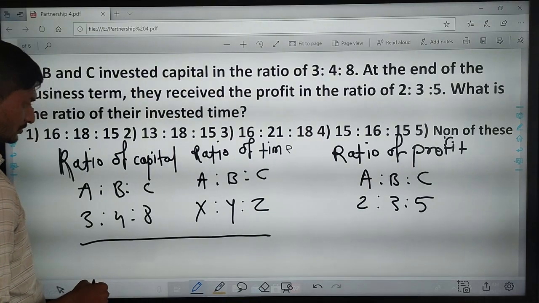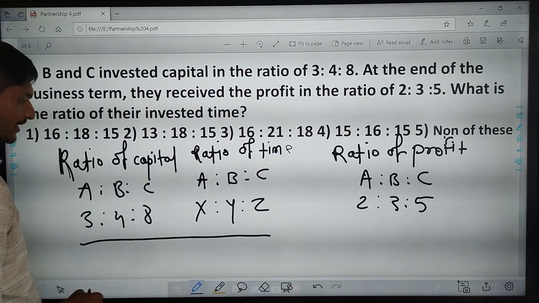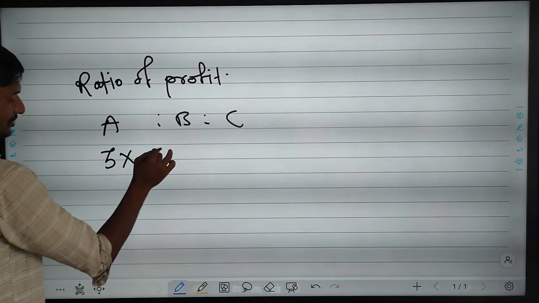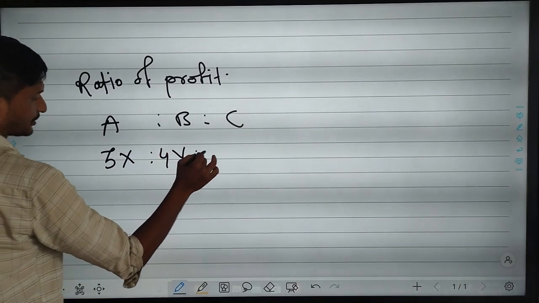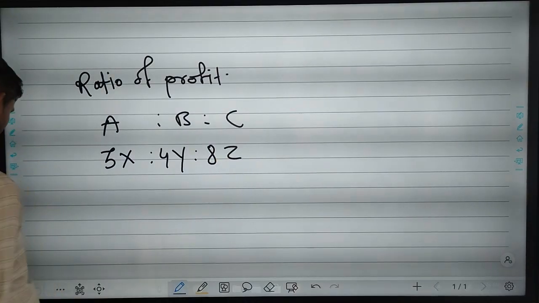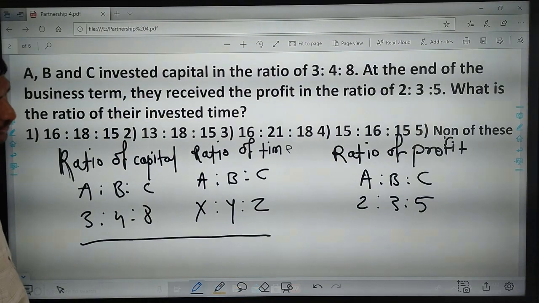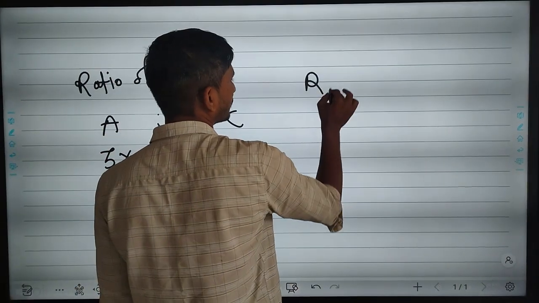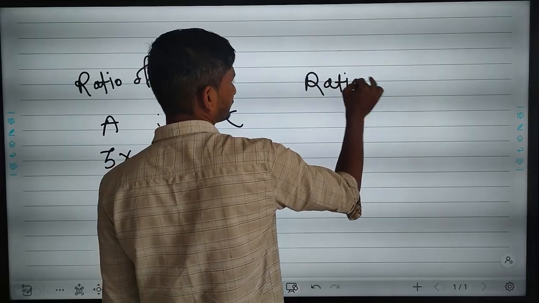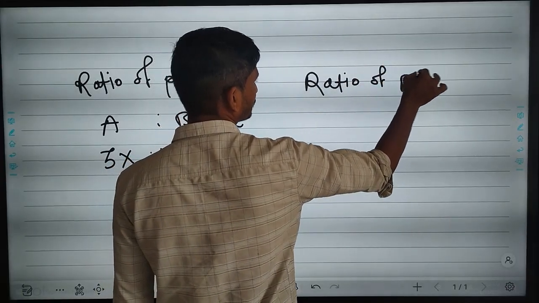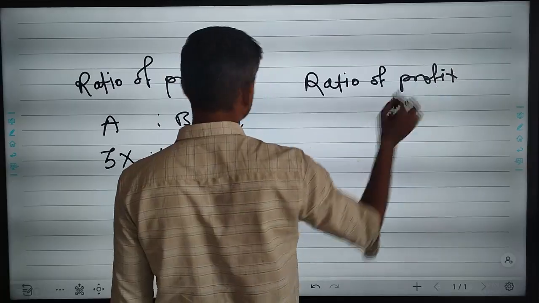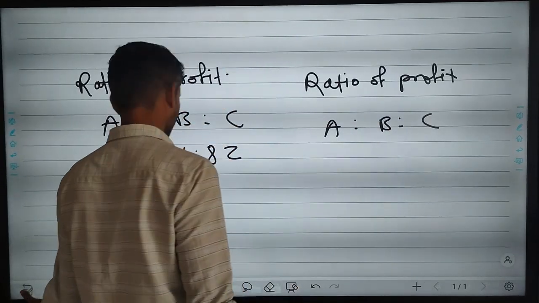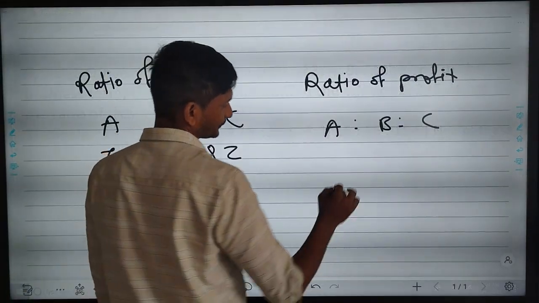A, B, C is equal to 3x, 4y, 8z. Then this is the ratio of profit, and the ratio of profit is also given: 2, 3, 5.